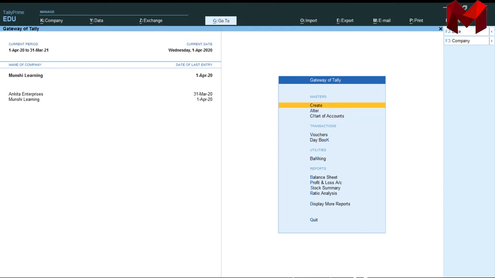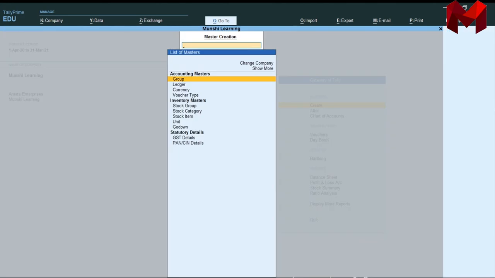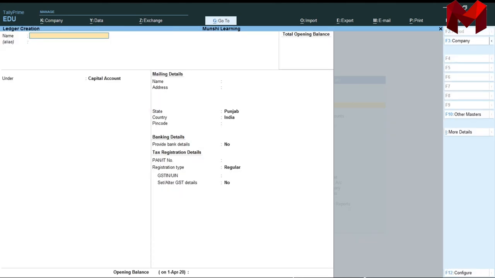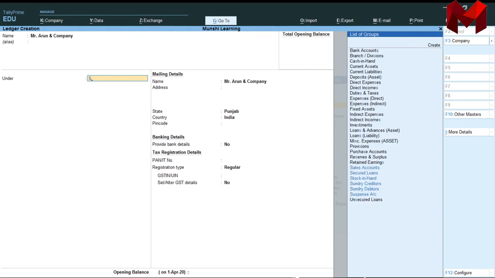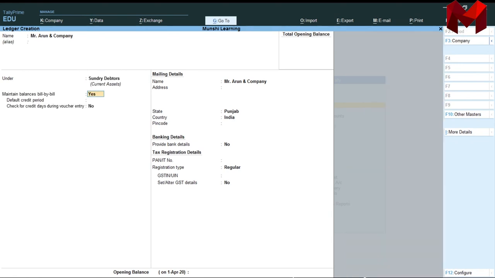Let us create the masters first. It's the ledger. Let us have the name of the party, Mr. Arun and Company. This is our customer. We are going to enter the sale firstly. So this person is our customer. He will be the sundry debtor.